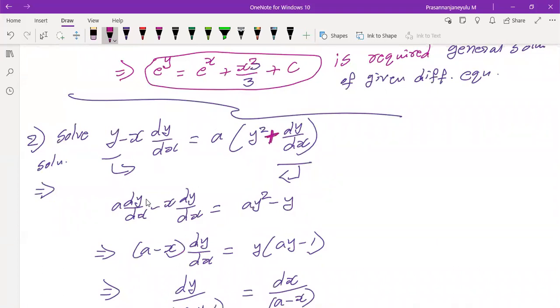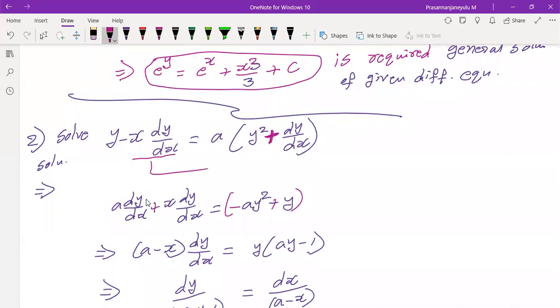If this is plus, this dy term we can bring to left hand side. Is it clear? Ay square bringing to left hand side. So this arrow mark is wrong. So I am underlining here.